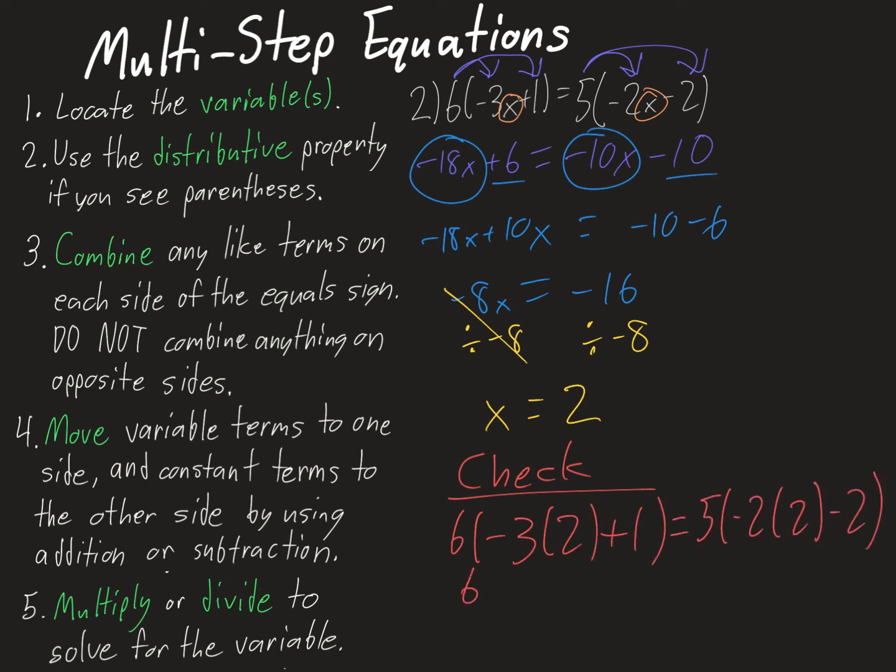Following order of operations, we will get 6 times negative 6 plus 1 equals 5 times negative 4 minus 2, which is the same thing as 6 times negative 5 equals 5 times negative 6. If you multiply these out, you'll get negative 30 is equal to negative 30. Since this is true, we have correctly solved this equation.